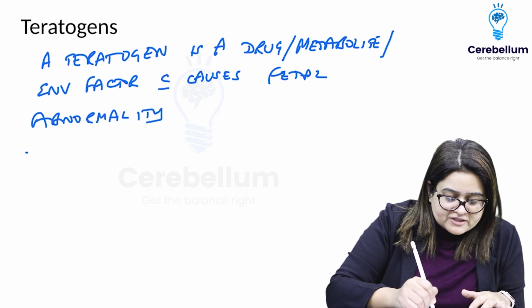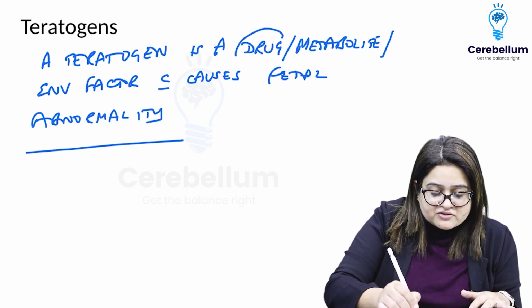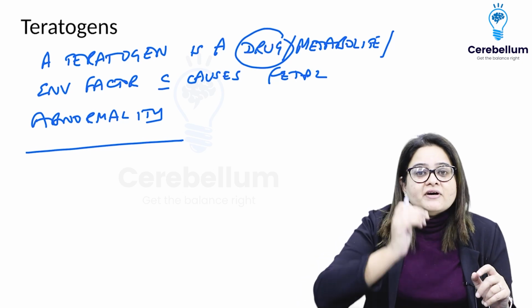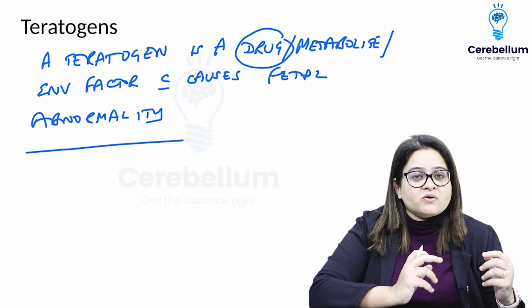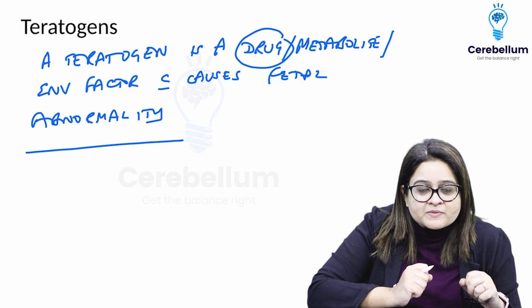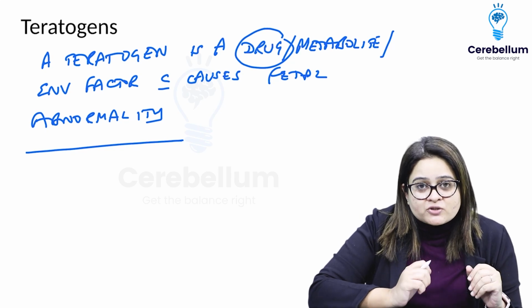In this session we will be mainly discussing the drugs that can cause fetal abnormalities. The other factors, for example how diabetes causes fetal malformations or how radiation causes fetal problems, we will discuss in that topic.